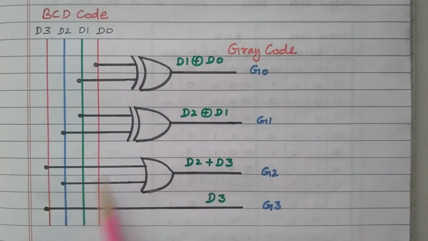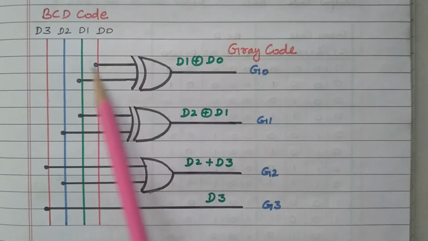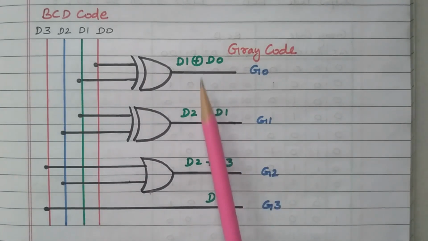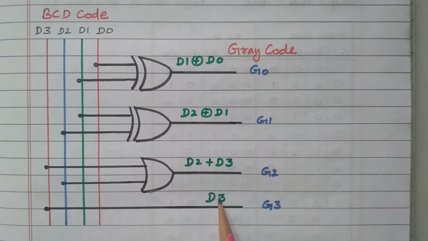D3 and D2 are connected, and we get D2 plus D3. G3 is simply D3, so the tapping is taken from D3. So this is the BCD code. By using the logic gates, the corresponding inputs are connected, and we get the output gray code based on the expressions obtained from the K map: G0, G1, G2 and G3.